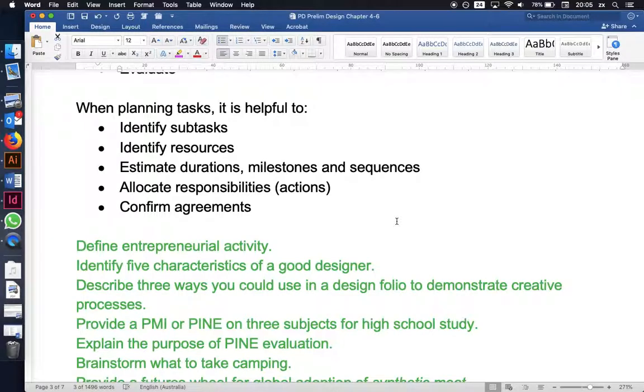So actions are specific tasks that need to be done in a specific way. It's important that these are clearly defined, because you don't want someone to show up and say, oh, you didn't say that you needed the whole thing done, I just thought I had to get it started by Thursday. So it's clear that everyone has the same understanding of what is expected.